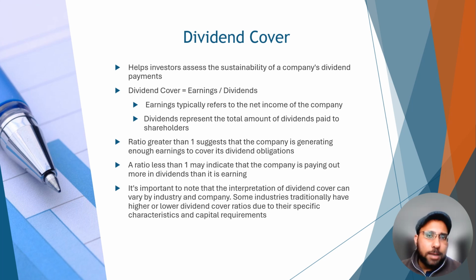So the more attractive companies will offer you lower dividend covers. Companies that have very high dividend covers means that they're not necessarily issuing the biggest amount of dividend you can have out there. Okay, so when we talk about the importance of dividend cover, it really helps with our decision making. It's essentially crucial for income-focused investors, such as anyone approaching retirement, already retired, who really rely on dividend payments for income.